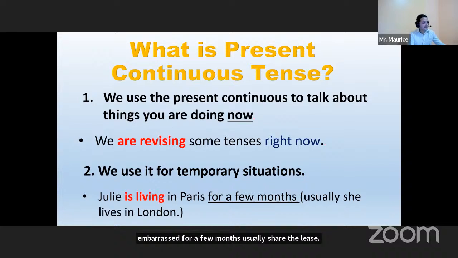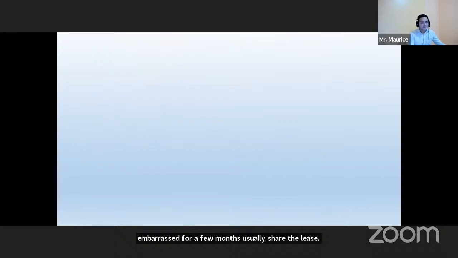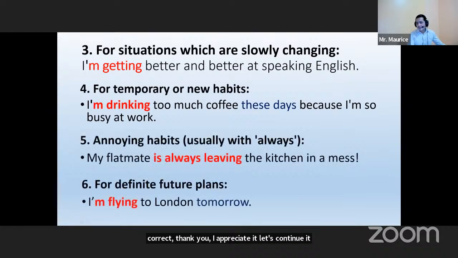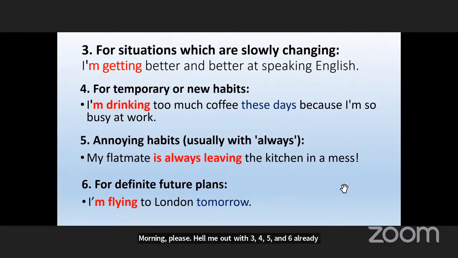Let's continue. Okay, Melanie Carrasco, good morning. Please help me out with 3, 4, 5, and 6. For situations which are slowly changing: I am getting better and better at speaking English.